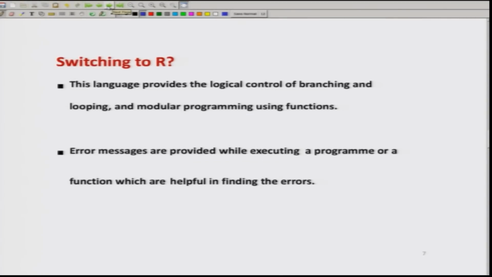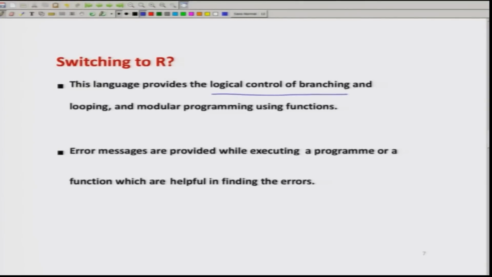Just like any other language, the R language also has all sorts of structure. It can provide logical control of branching, it can provide looping, and it can provide modular programming using the concept of functions. What does this mean? Any software language has several options. We can do mathematical manipulations, we can do logical manipulations, and sometimes we have to repeat the program.